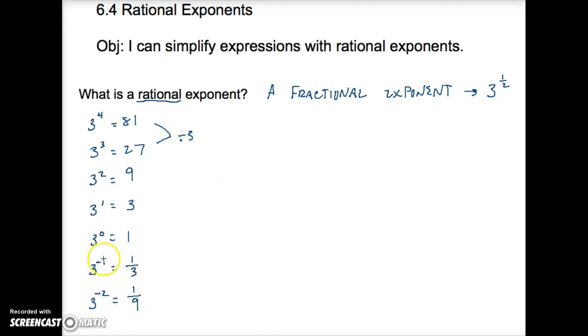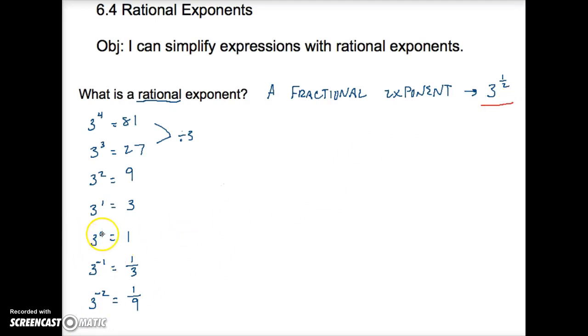Now you see that the negative exponent indicates that we just bring this to the denominator. If 3 squared is 9, 3 to the negative 2nd power is 1 over 9.